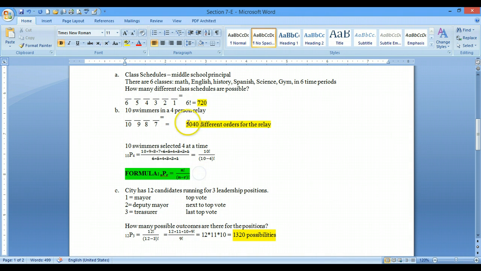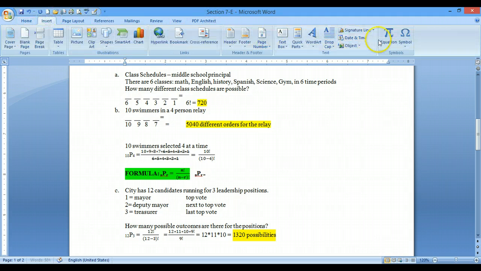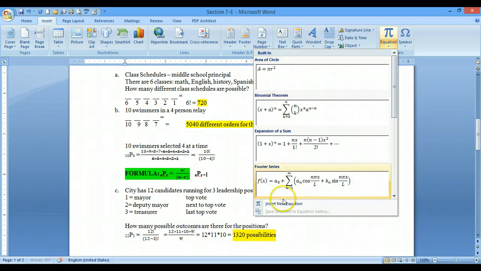Now if you're wanting to write that in your own notes, you can do the subscript of n, click it to get out of the subscript, permutation, go back to the subscript, r equals, and you can go up and insert an equation just like we did in our previous sections.